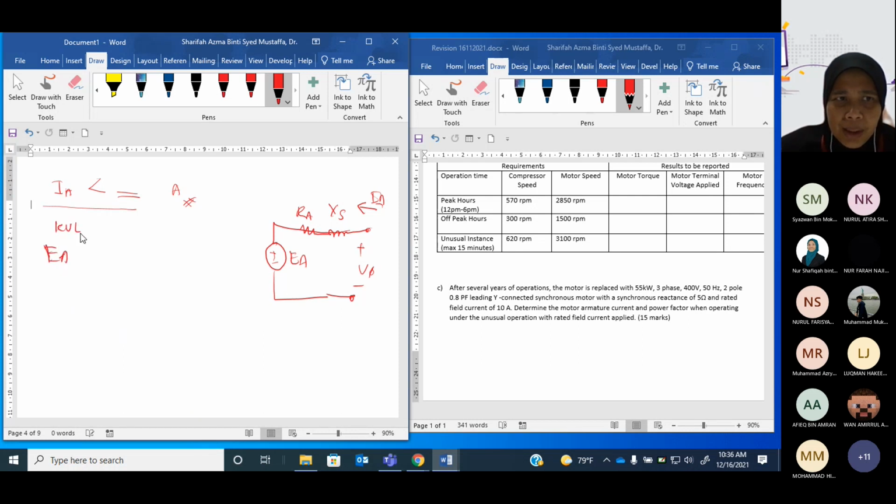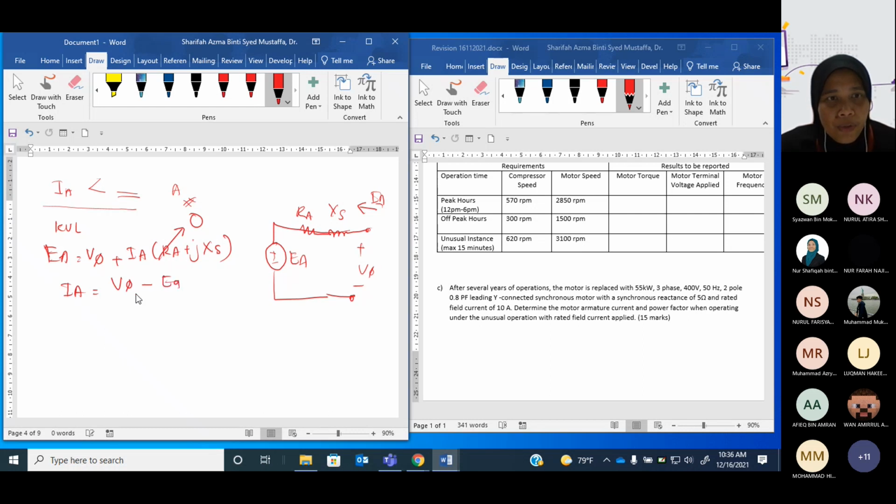KVL around the loop, EA equal to V phase plus IA RA plus jXS. Okay, what's the value of RA in this case? Ada any information? Tak ada. Tak ada, so your RA is equal to 0. Rearranging this formula, you will get IA equal to V phase minus EA over jXS.